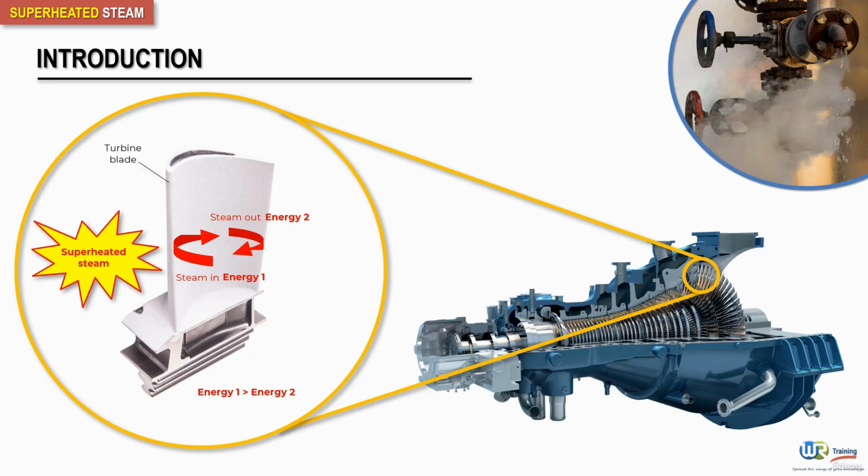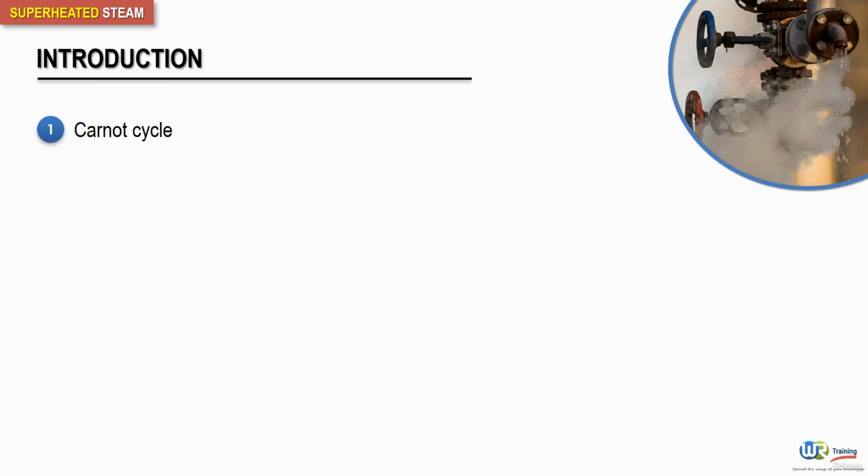Another very important reason for using superheated steam in turbines is to improve thermal efficiency. The thermodynamic efficiency of a heat engine, such as a turbine, may be determined using one of two theories: the Carnot cycle or the Rankine cycle.